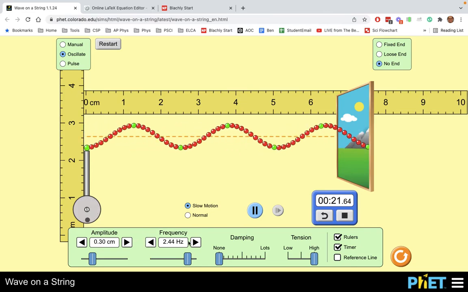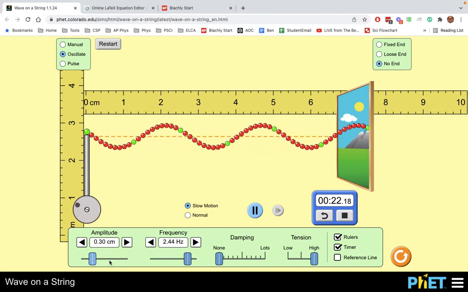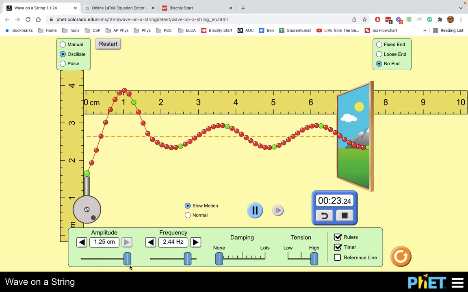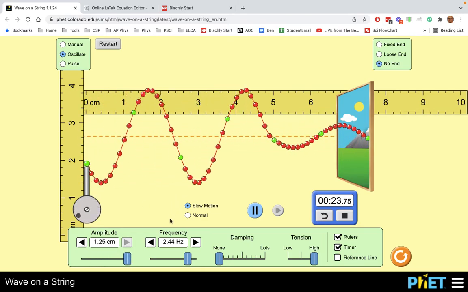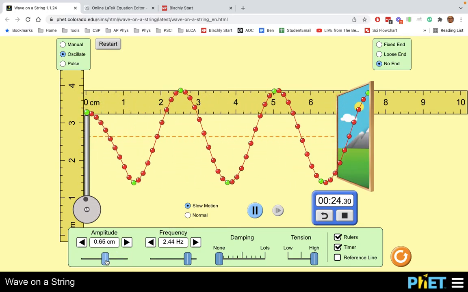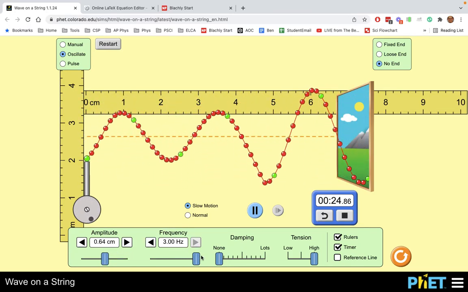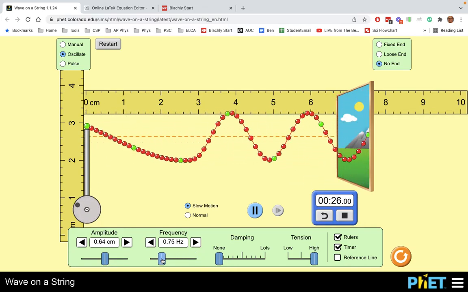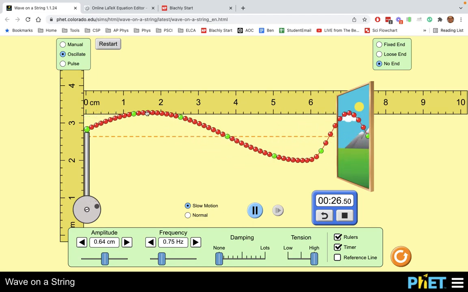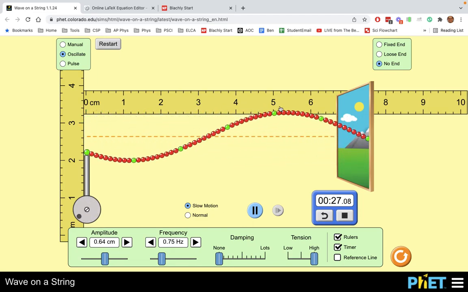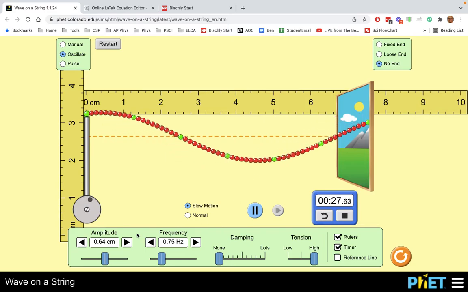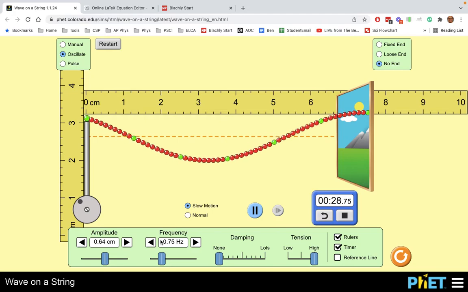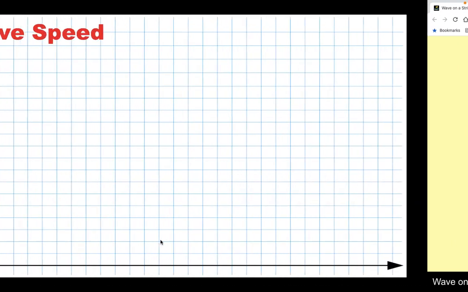And the thing you will notice is that if you have little waves or big waves, you could have high frequency waves, or you could have low frequency waves, but the speed of the wave, how fast this wave moves to the right, doesn't depend on the amplitude or the frequency. Okay? So what does it depend on?